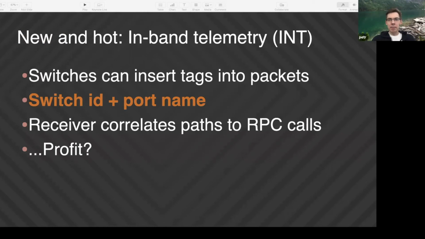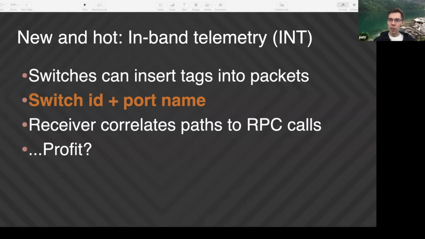But then, I think probably 5-6 years ago, Barefoot and VMware came with this idea of in-band telemetry, or INT. It was pretty powerful, actually, and very creative. They were trying to sell this Barefoot silicon, saying, "Hey, we can take your packets and embed some data in them as they fly through a switch."